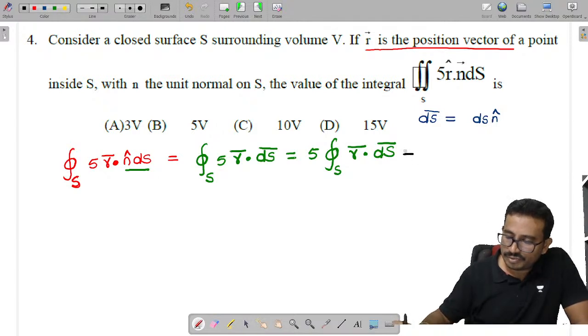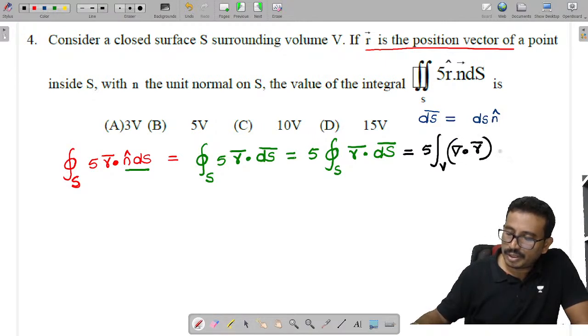So this equation, by using the divergence theorem, is converted to the volume integration of del dot r bar into dv.